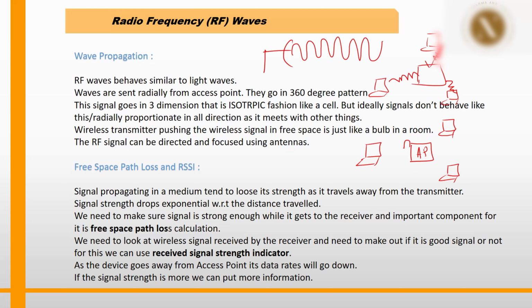So now I am sending the data to him like this, and to him like this. So are we going to send the signal in this fashion, like one sine wave to him, another sine wave to him, another sine wave to him for sending the data? No. We are not going to send the signal one at a time to everybody like this.